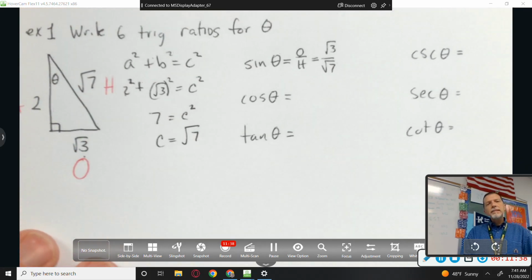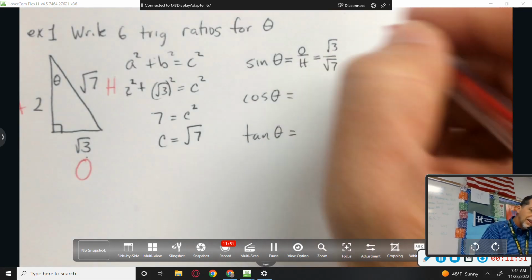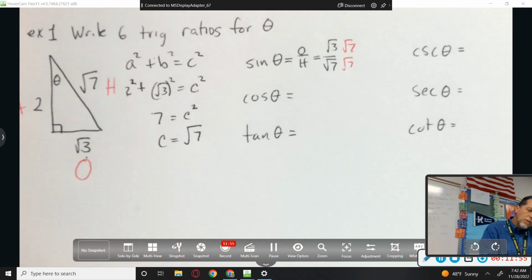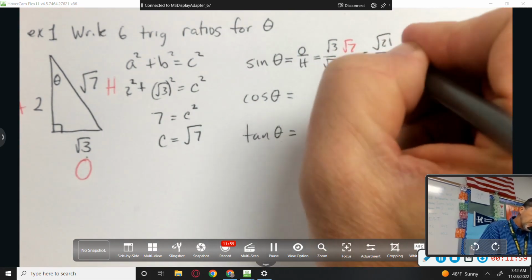But something about that we don't like. You know what it is? Square root in the bottom. And how do we fix the square root in the bottom? Multiply top and bottom by that square root. So we get square root of 21 over 7.